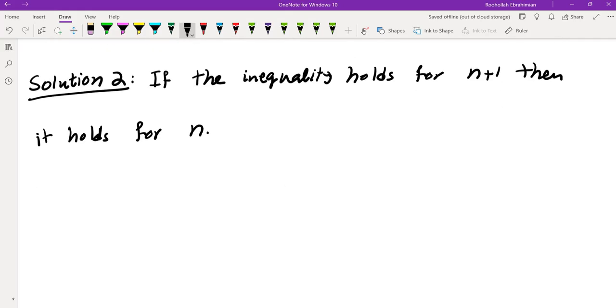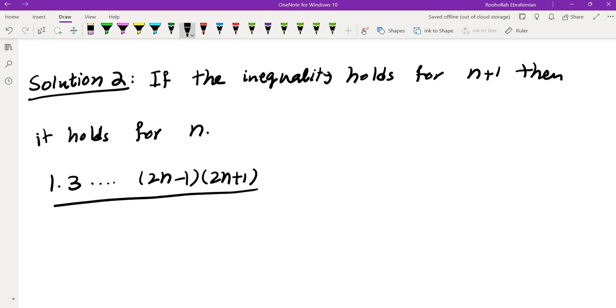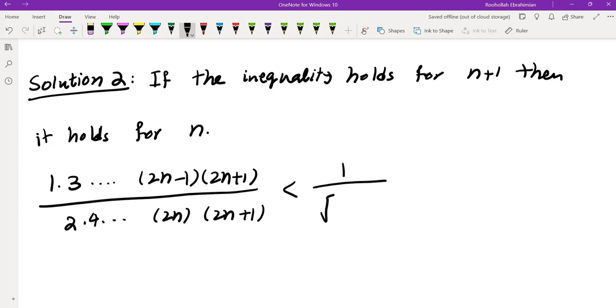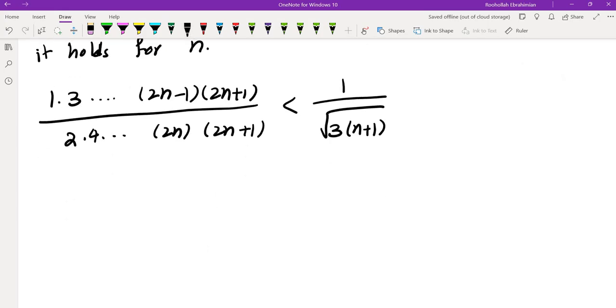Well, if the inequality holds for n plus 1, then we have 1, 3, all the way to 2n plus 1 over 2, 4, all the way to 2n plus 2 is less than 1 over root 3n plus 1. If this holds, I want to see if it also holds for n. So I'm going to do some sort of an induction, but kind of backwards. If you can do that and you can prove that this inequality holds for infinitely many n's, then you are done.